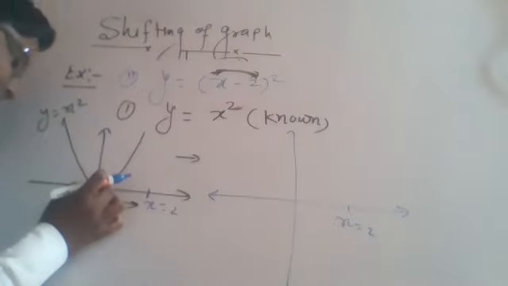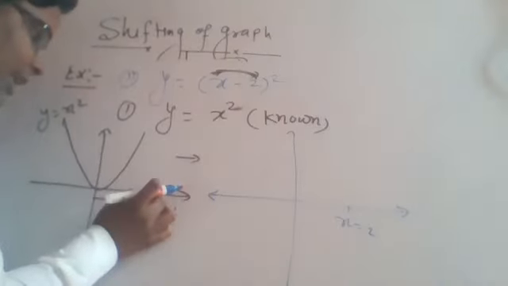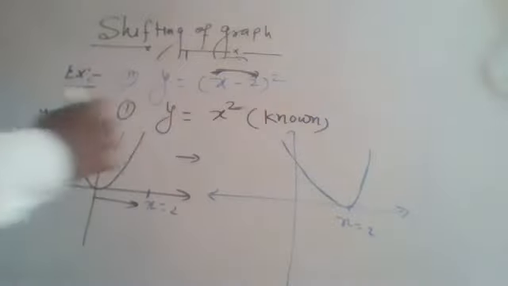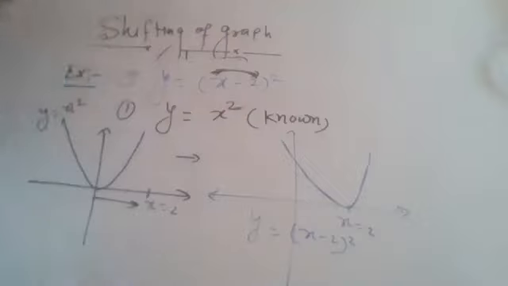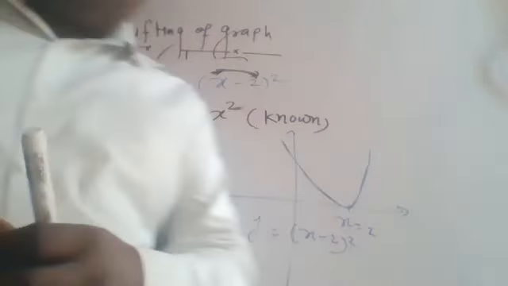We have to just pick this graph and put it onto x equals 2. When you put the graph at x equals 2, we get the graph like this one. Shape and size never change. So now this is the graph of y equals x minus 2 whole square. This is the easier technique to draw the graph.